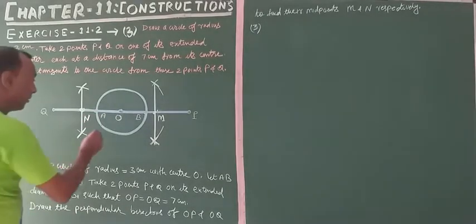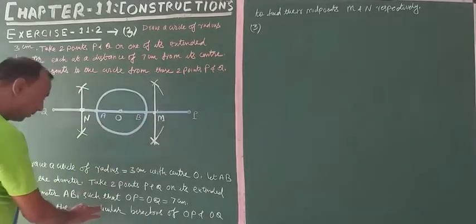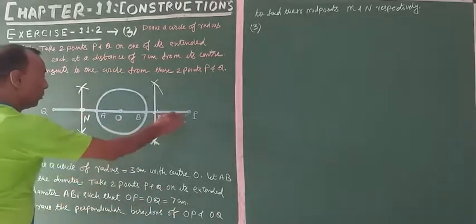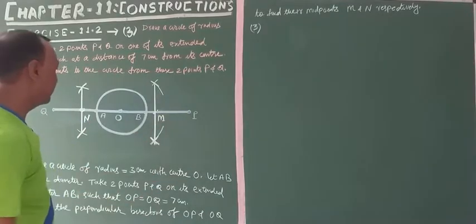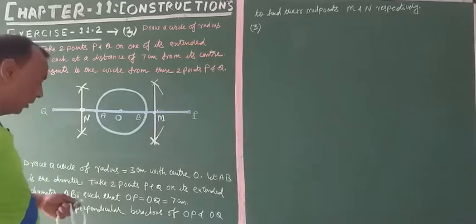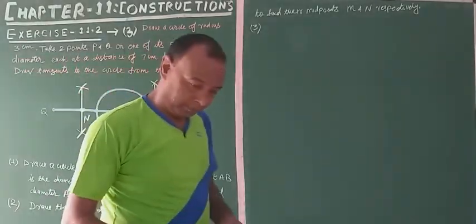Draw the perpendicular bisectors of OP and OQ to find their midpoints M and N respectively. Okay, and then what we will do?